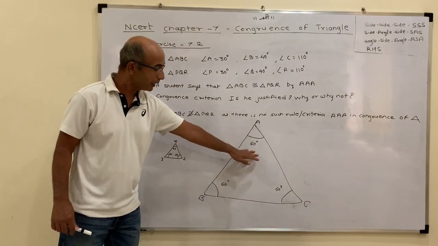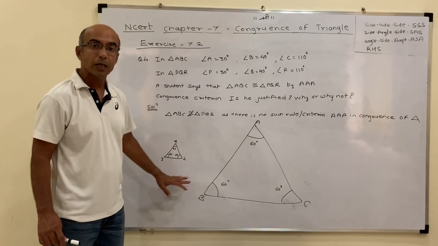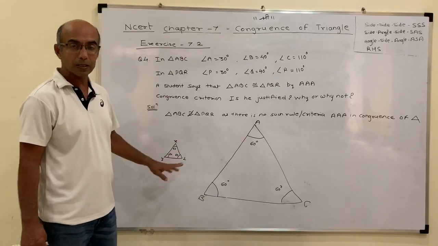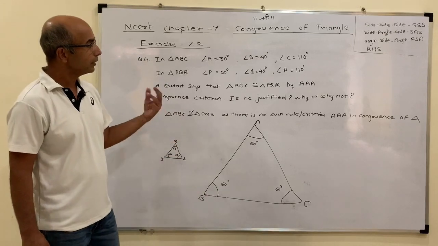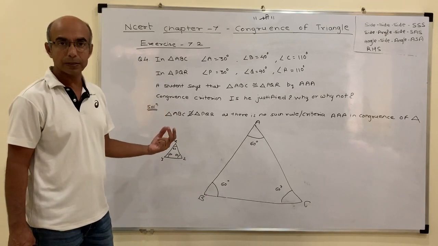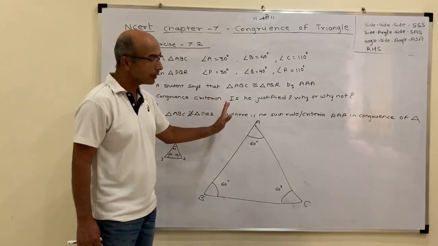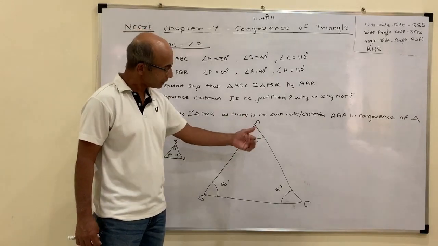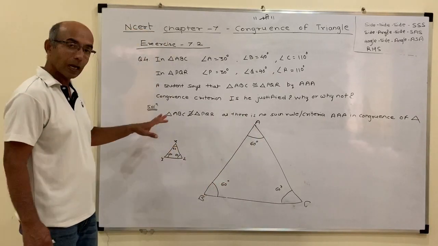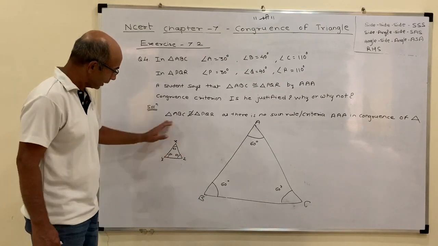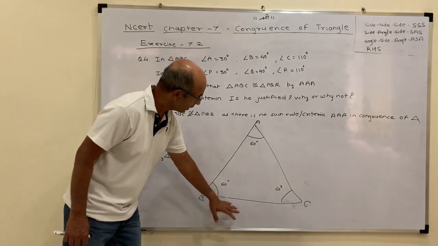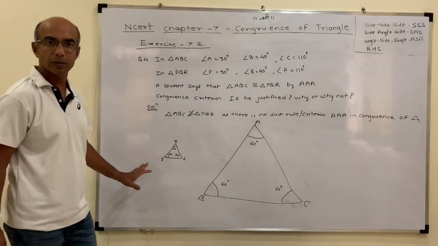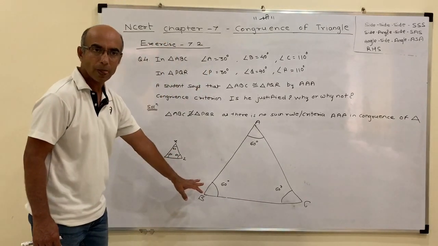So, simply having all three angles equal doesn't make two triangles congruent. You have to have either one side or two sides. Or if it's a right angle triangle, then hypotenuse and the other side. So that is why that rule is required, because I have given you an example where these two triangles have the same angles, but still they are not congruent.